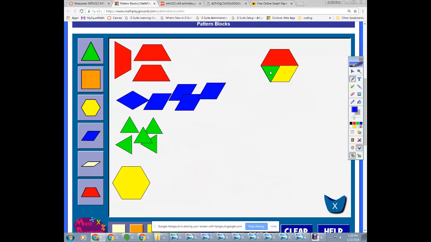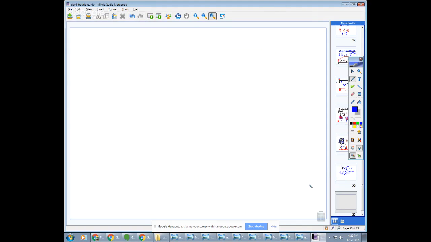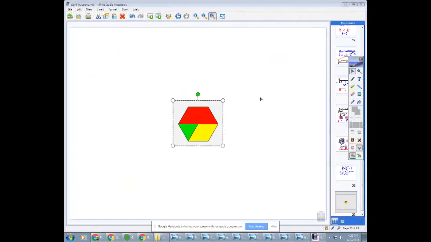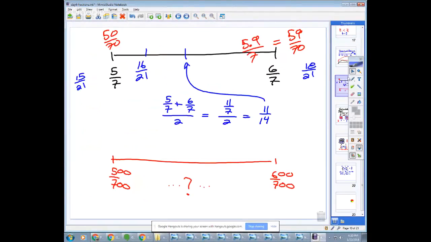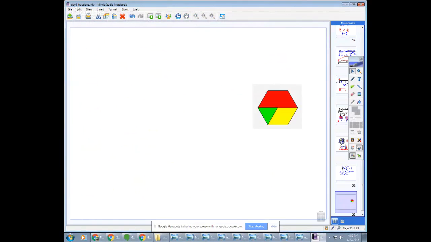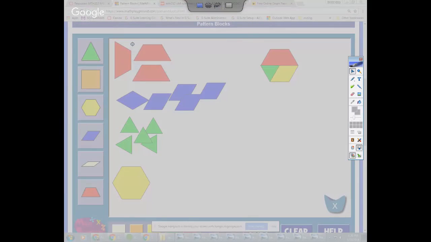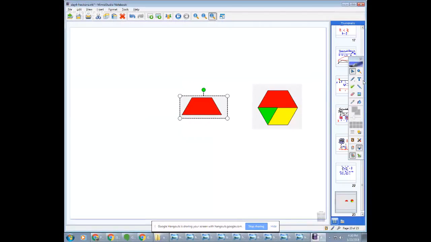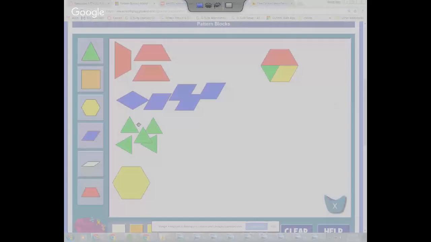Rotate that. Copy this into a new screen. So there's my answer. Oops, wrong button. I'm adding one of these to one of these.